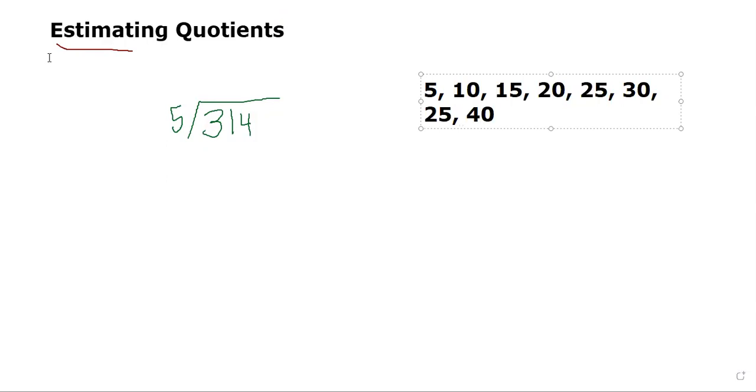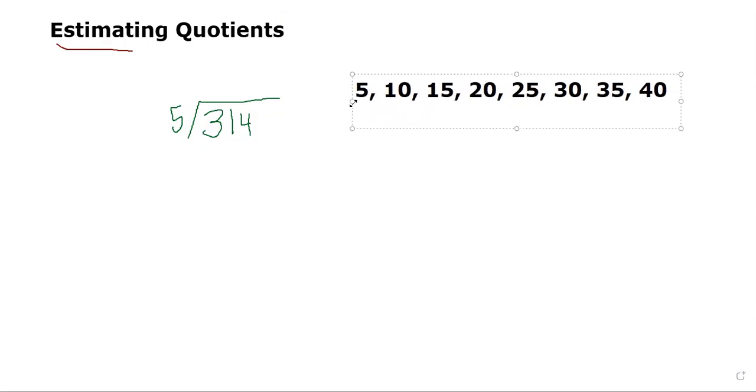You might have done 40 depending on how far you went with your multiples. All right, multiples of 5: 5, 10, 15, 20, 25, 30, 35, 40. Now I want to see which multiple of 5 is closest to 31, right? I would say 30, right?